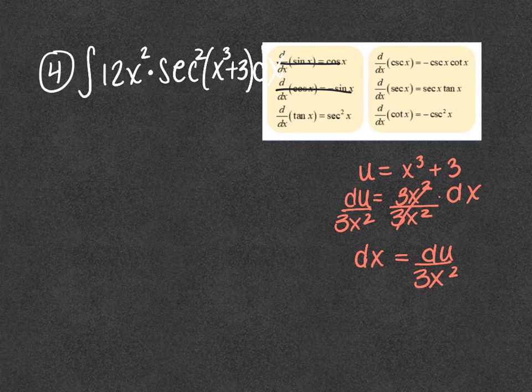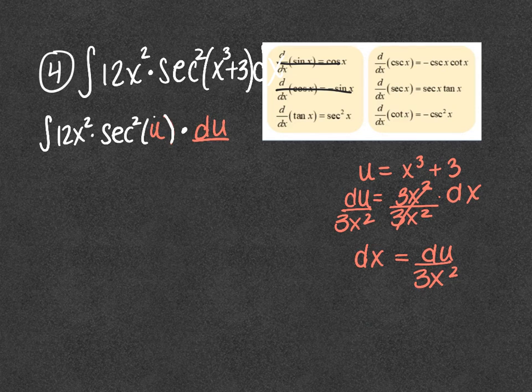Then we go back and substitute our stuff back in. So the integral of 12x squared can stay, times secant squared of now u, times dx, which is du over 3x squared.